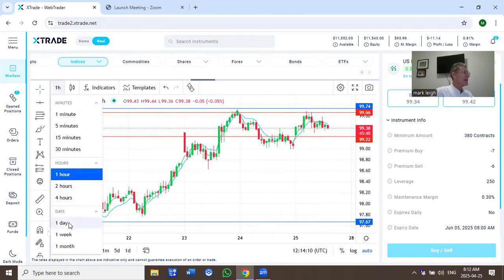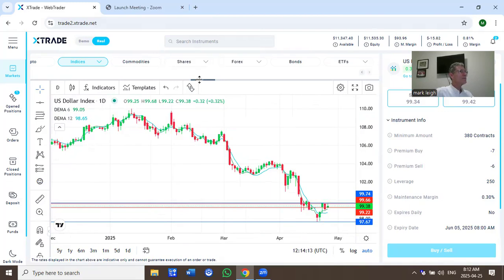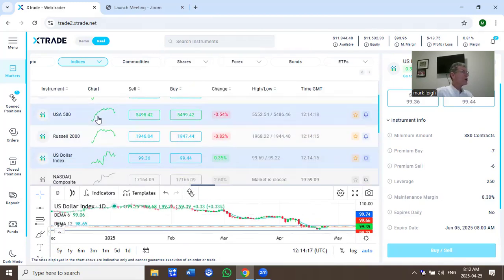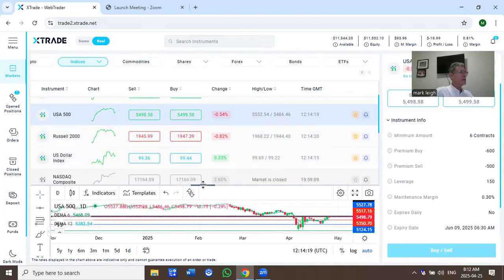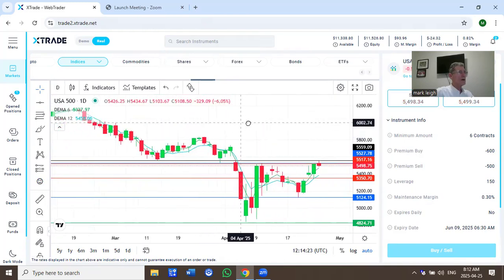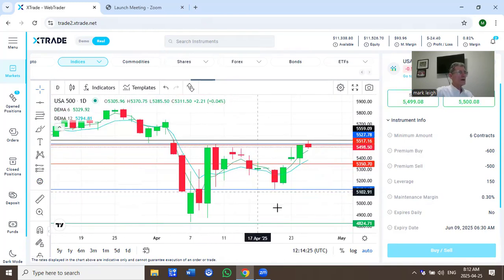Let's have a look at the S&P. It's an hour and a half until Wall Street opens. US equity markets have had a strong few days this week, and right now sitting at yesterday's resistance area around 5,527.